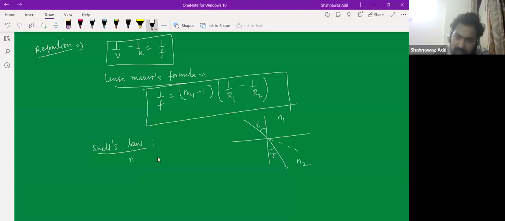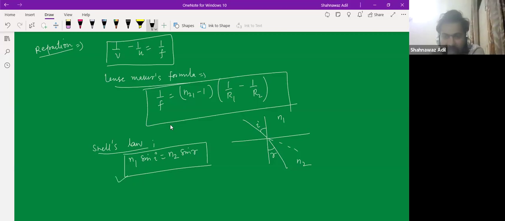So N1 sine I is equal to N2 sine R. This is the way that we should write it, so that we will not get confused about which is N1 or N2. So this is Snell's law.